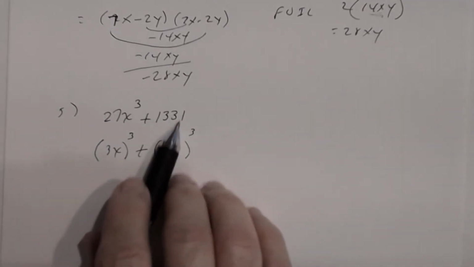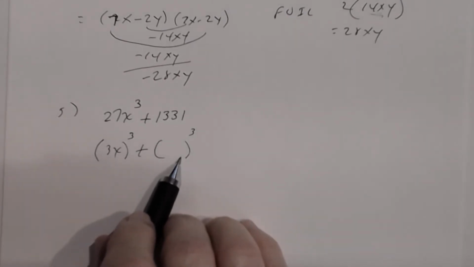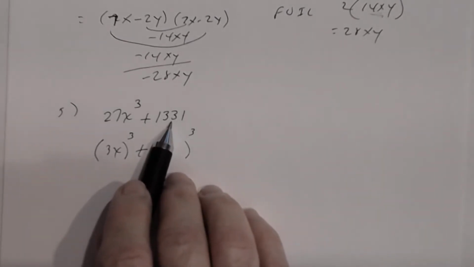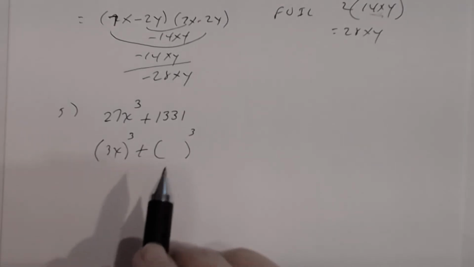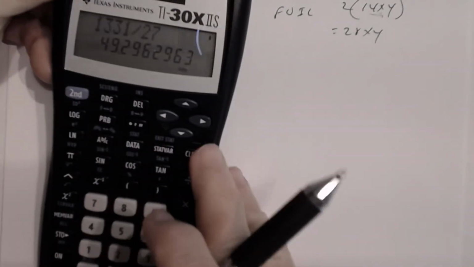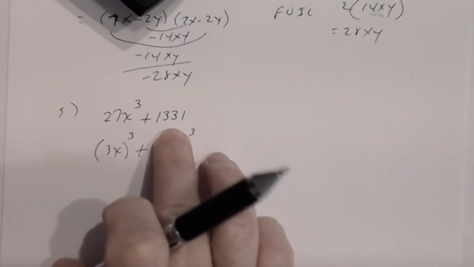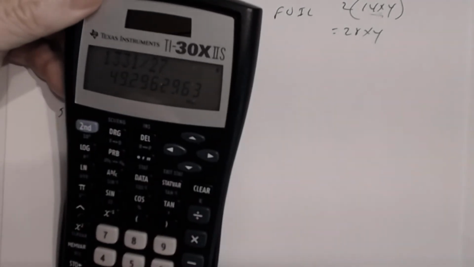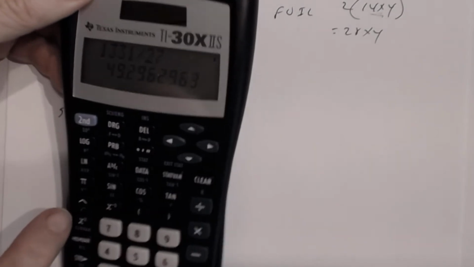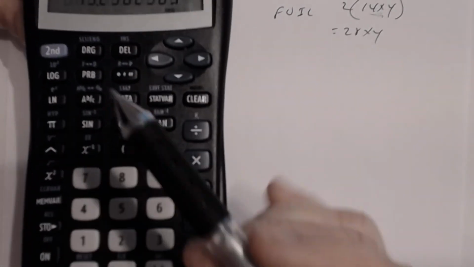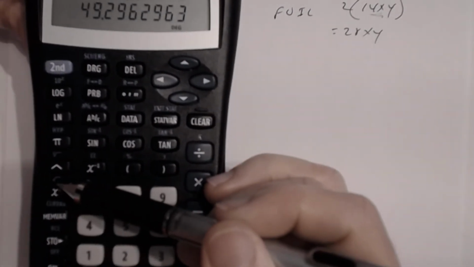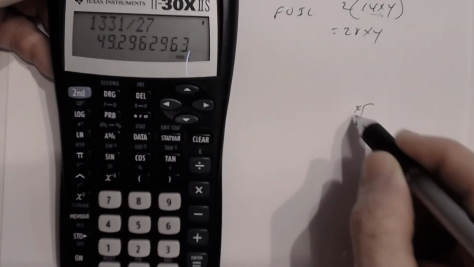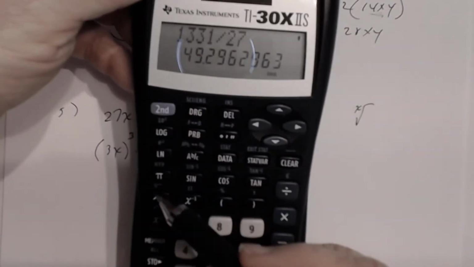And then you ask yourself, well, what times itself 3 times is 1,331? All right, well, that I'm not even going to guess at. So just use your calculator. Take the cube root of 1,331. On your calculator, you should see the x root button right here.